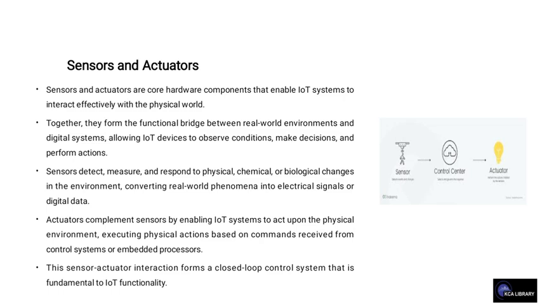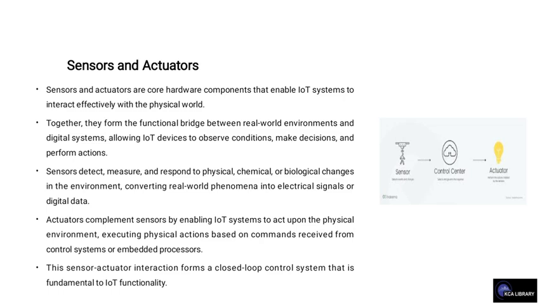On the other hand, actuators perform the complementary role, enabling the Internet of Things system to act upon the physical environment, executing physical actions based on commands received from the control system or embedded processors.